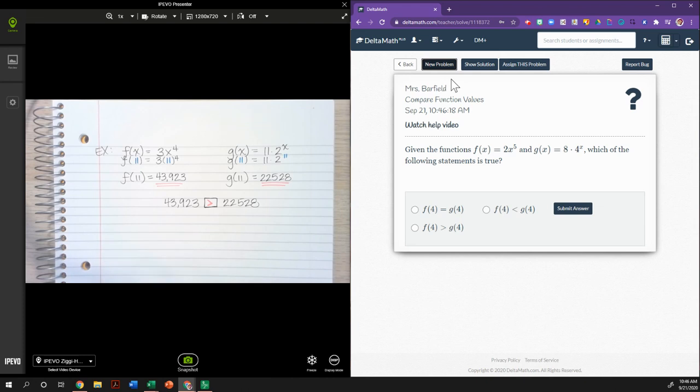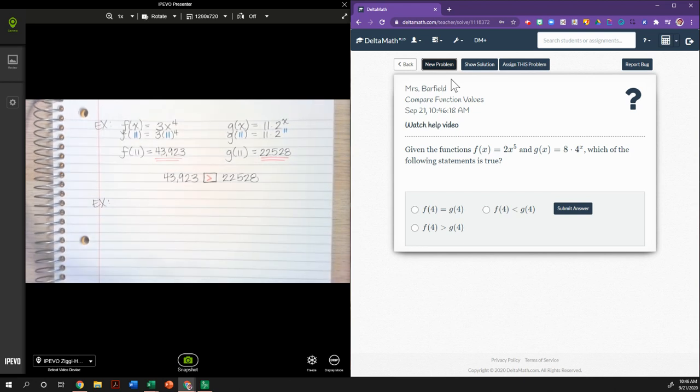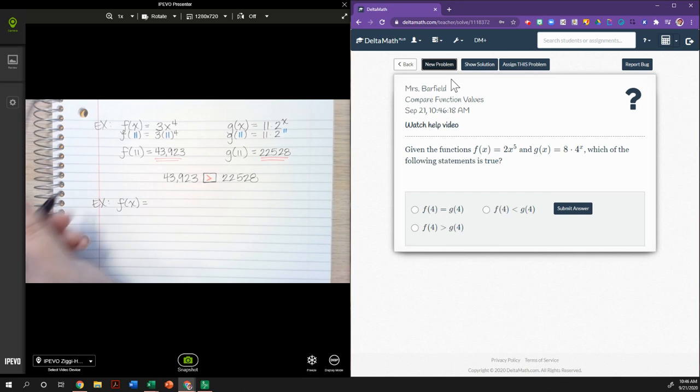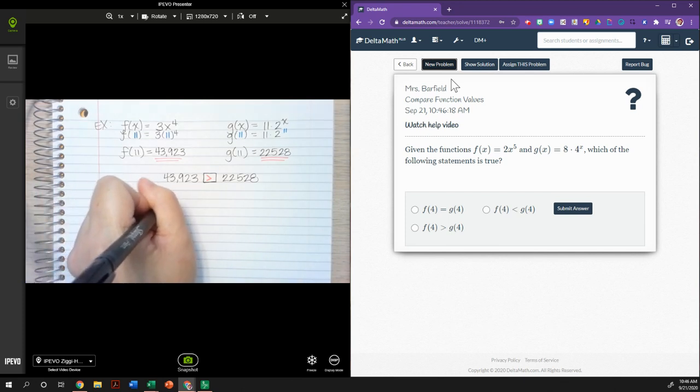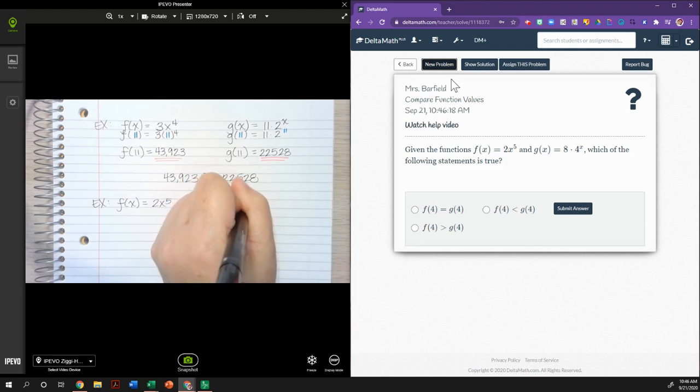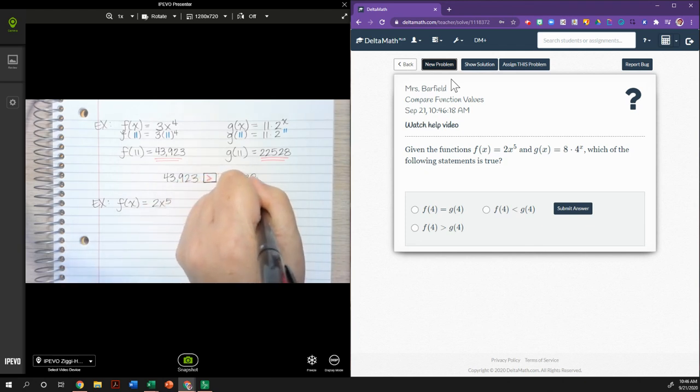All right, so let's look at a new problem. Okay, really all it's doing is continuing with your practice of evaluating. Okay, so f of x equals 2x to the fifth, and then we have g of x equals 8 times 4 to the x. All right, and which of the statements is true?